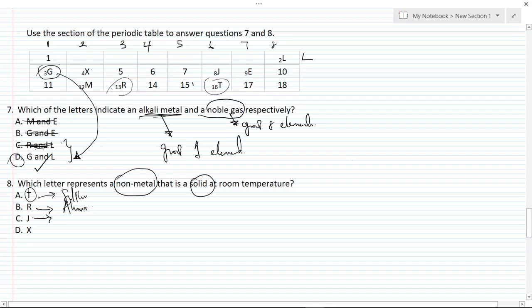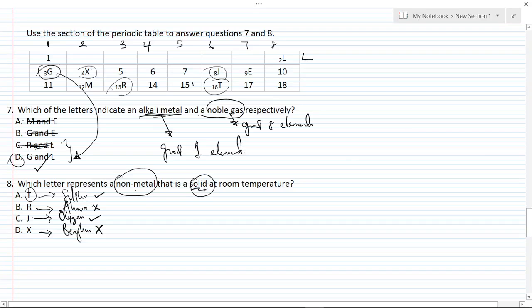Letter J represents oxygen. And finally, letter X represents beryllium. So a non-metal, sulfur is a non-metal, aluminium is not a non-metal, oxygen is a non-metal, beryllium is a non-metal. So we have a tie between sulfur and oxygen.